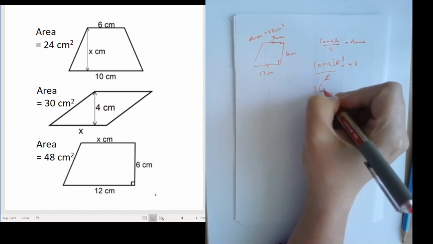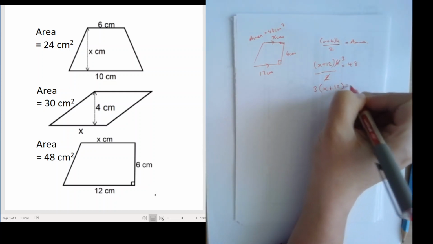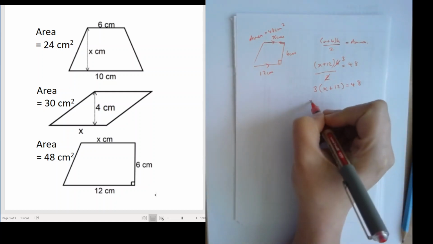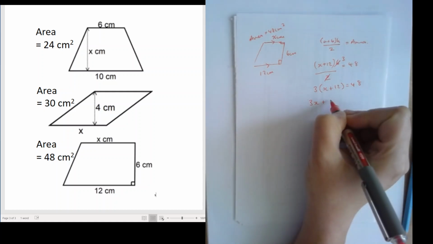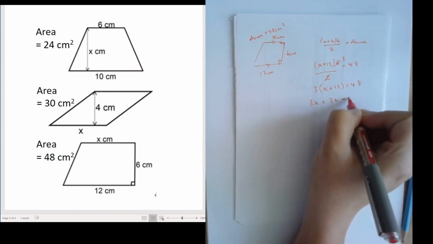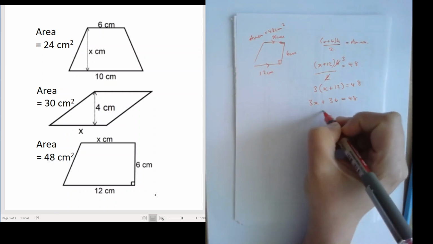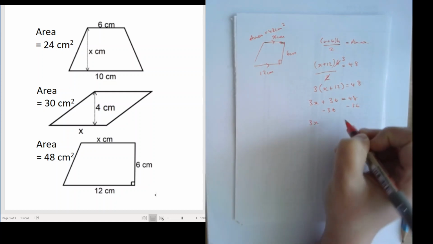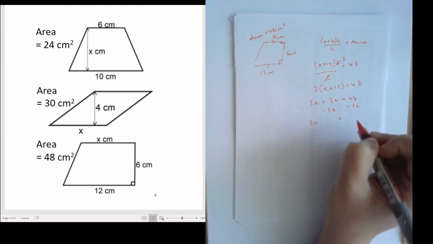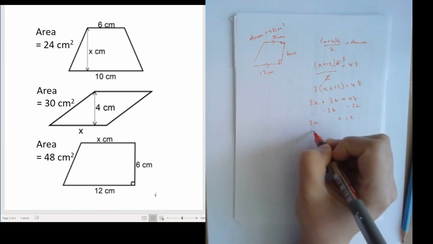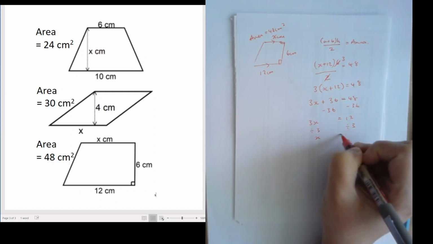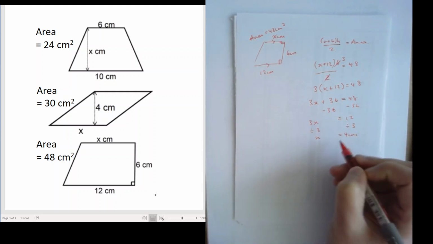So this just becomes an equation. We have 3x plus 36 equals 48. Take away 36 from both sides. You are then left with 3x equals 12. Divide both sides by 3. I'm then left with x equals 4 centimeters.